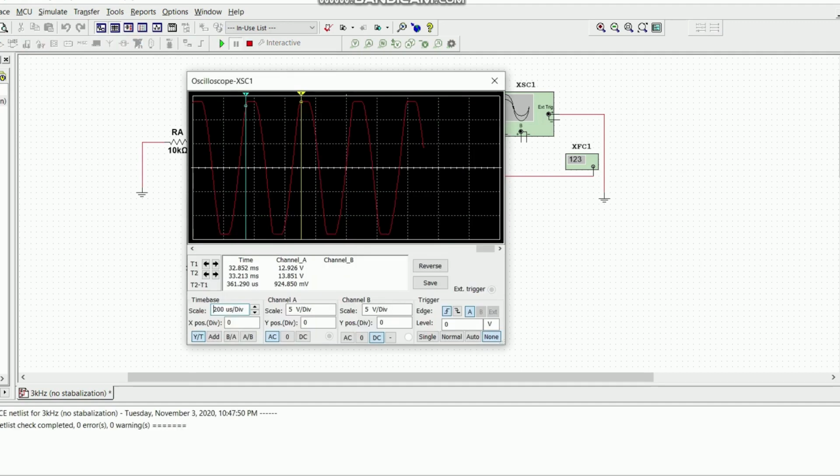The waveform is not smooth and seems to have distortion. The period of the waveform is 361.29 microseconds, and the frequency we get is 2.8 kHz.